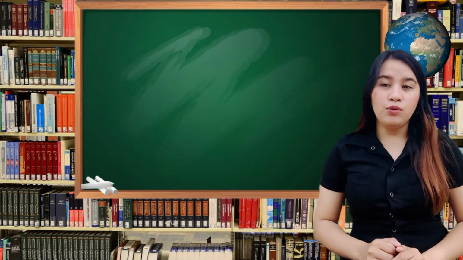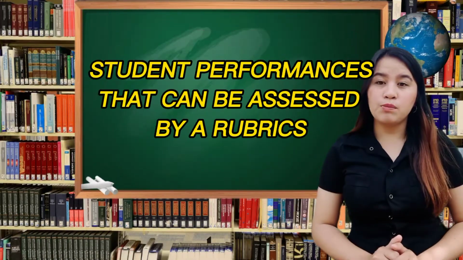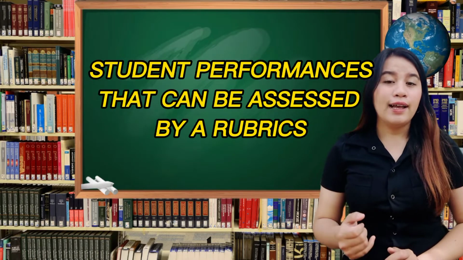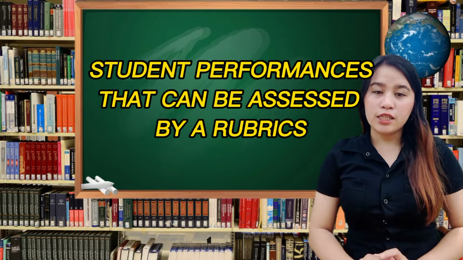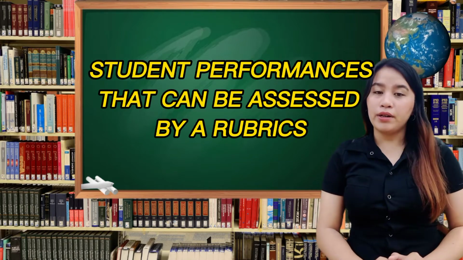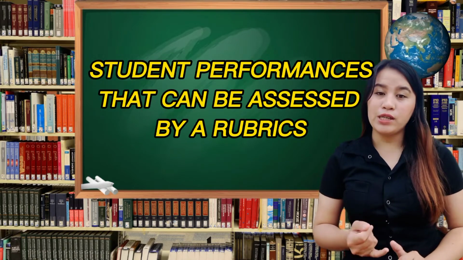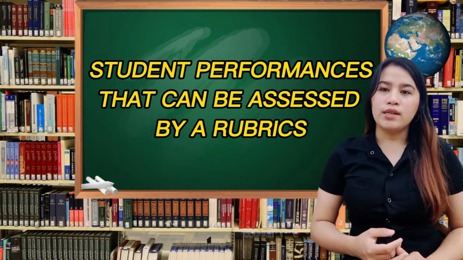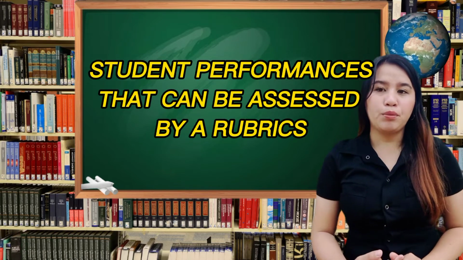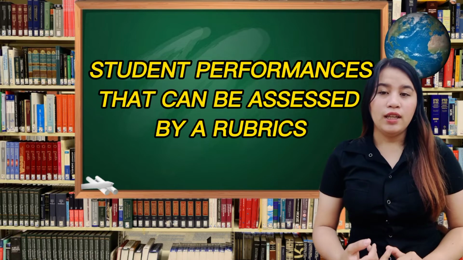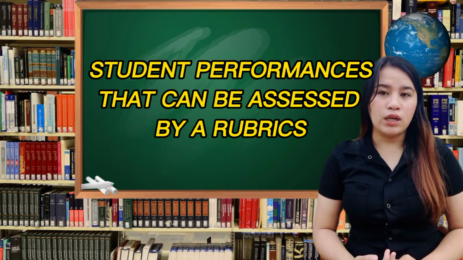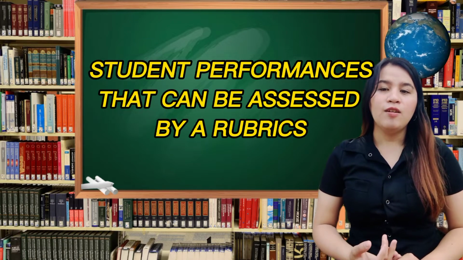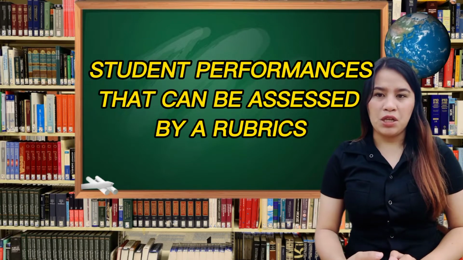The following are students' performances and outputs that can be assessed by a rubric. Examples of performances that can be assessed by rubrics are, number 1, oral presentations, such as a research paper or poster presentation, the individual or group report, skills demonstration such as baking and teaching, and the extemporaneous speech.